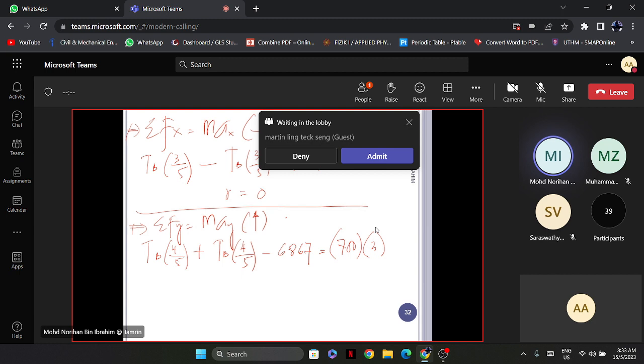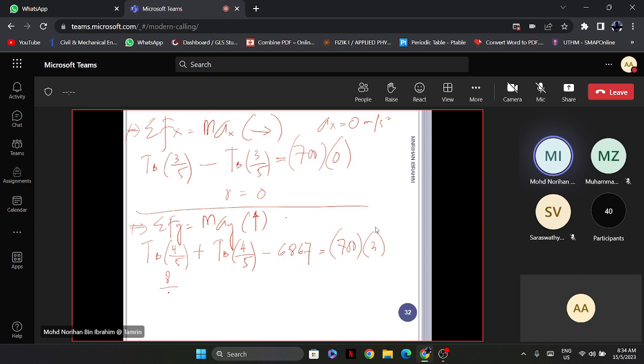So by solving this, 8/5 TB minus 6867 is equal to 2100. And therefore, when we solve this one, we get TB equal to 5604.38 Newton.